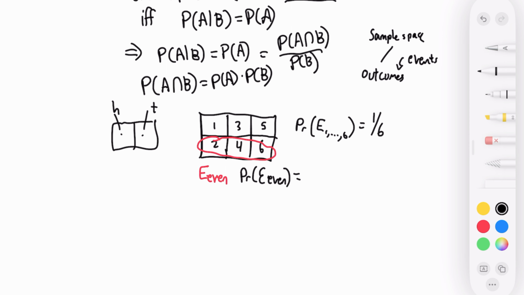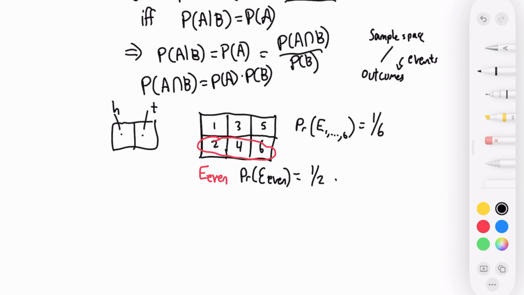So here we have 1/6, 1/6, and 1/6. This is equal to 1/2. So finding the probability of an event is just summing together the probabilities of the outcomes contained within the event, which is pretty useful.